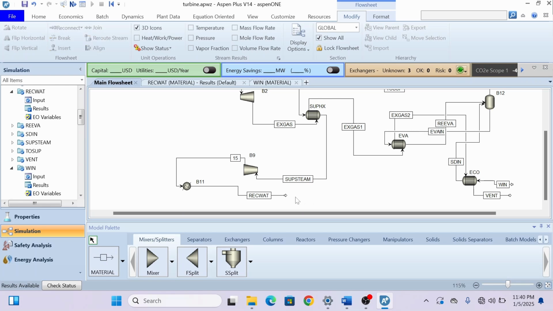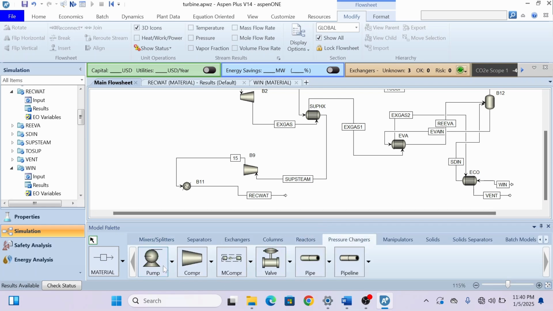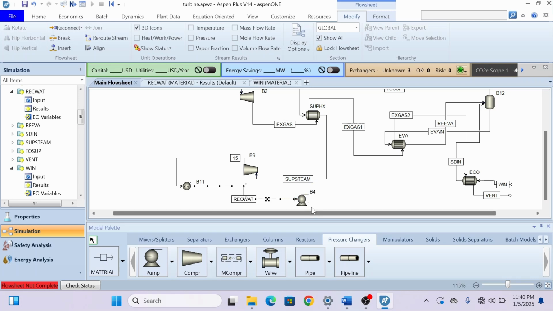So now I have to specify or place a pump over here. I will go to my pressure changes, select a pump, and go to my material stream, or just double click on it. I will place it over here, and I will double click this water inlet and connect this stream with this one.